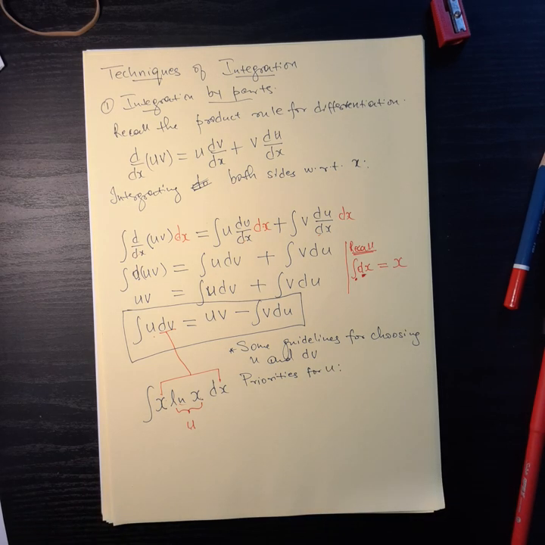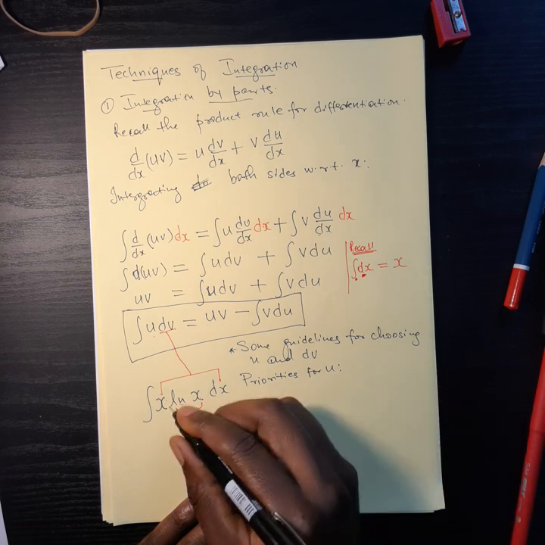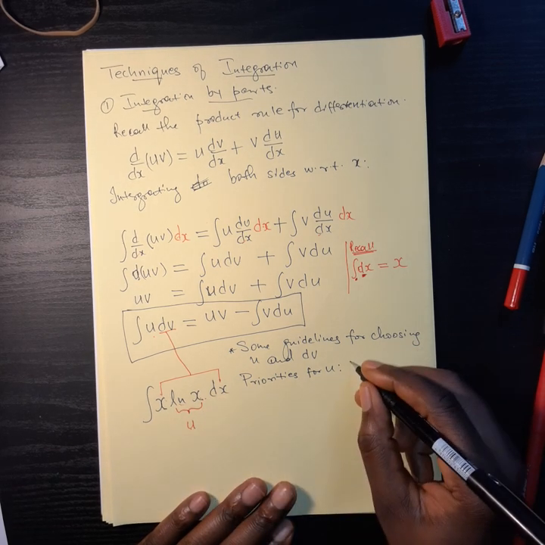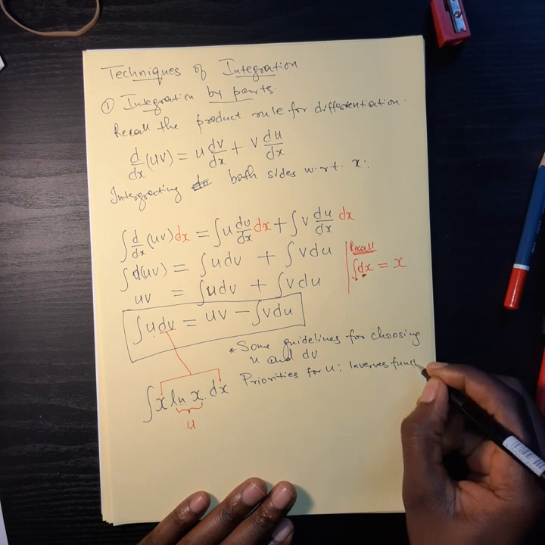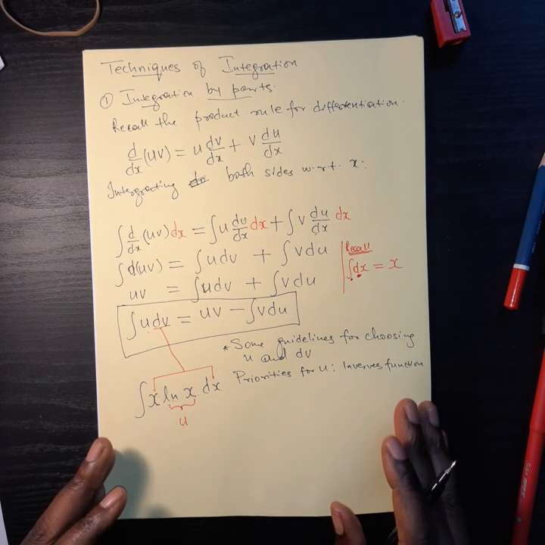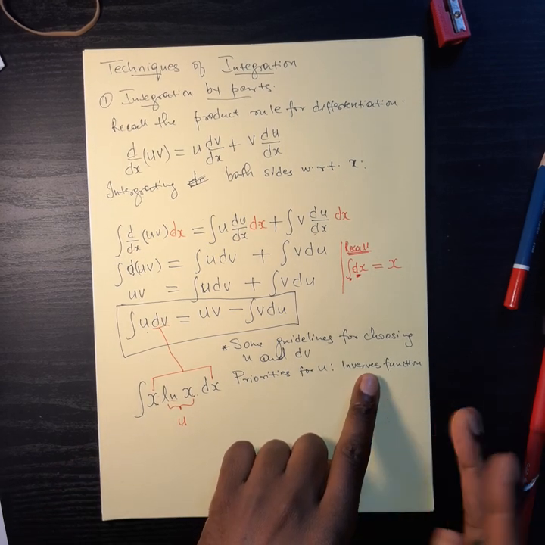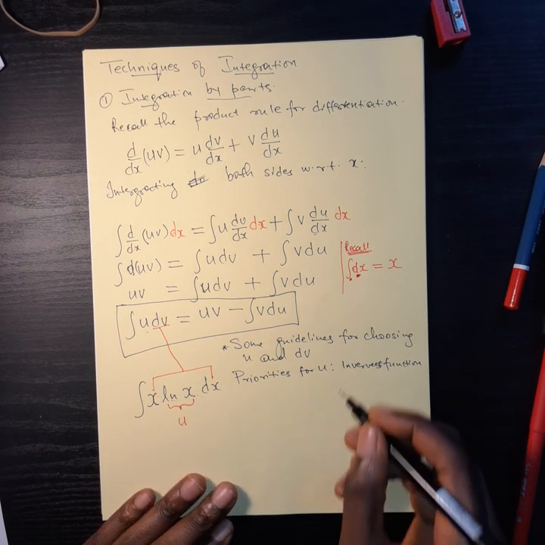If you happen to find that as part of your integrand you have an inverse, it can be an inverse trigonometric function or an inverse hyperbolic function, then this will be the first candidate. The other ones will follow.